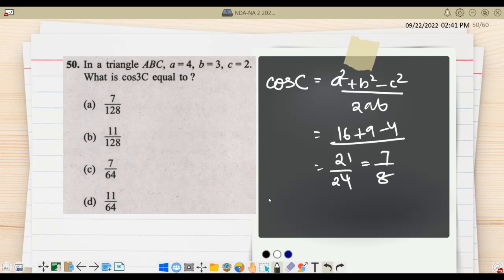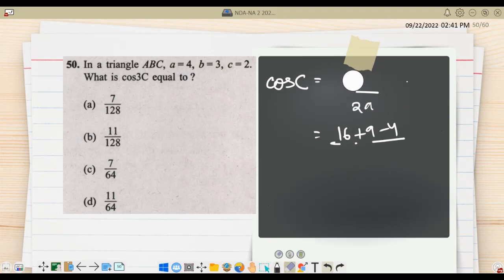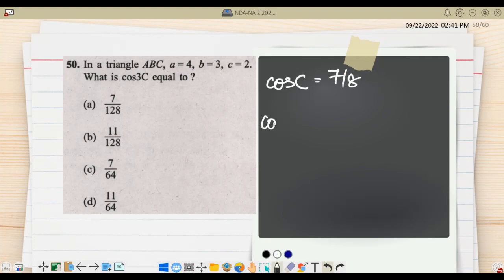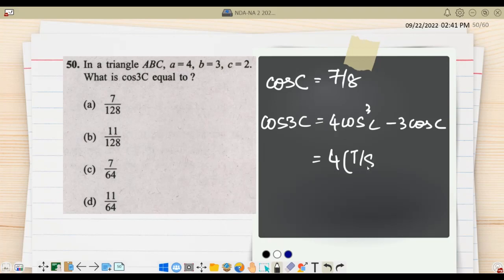Now they are asking cos 3C. Fine. So remember this. Let me erase the formula and show you the value. The value of cos C is 7 by 8. So cos 3C is going to involve the multiple angle formula of cos 3: 4 cos cube C minus 3 cos C. So the value is 4 into 7 by 8 cube minus 3 into 7 by 8.